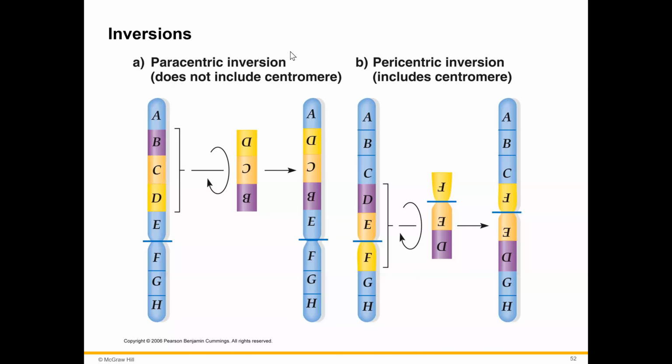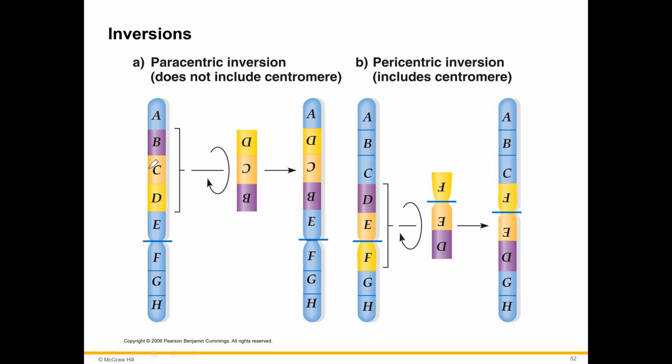So, what is inversion? So, what is paracentric? Centric means the centromere, and paracentric does not include the centromere. So here's the centromere, the more constricted part of the chromosome, and if the inversion doesn't include this part, it's called paracentric.